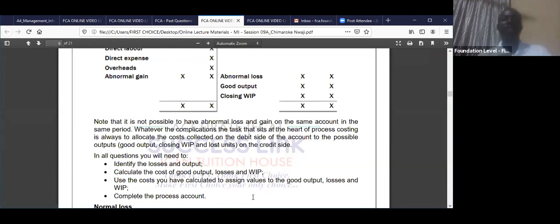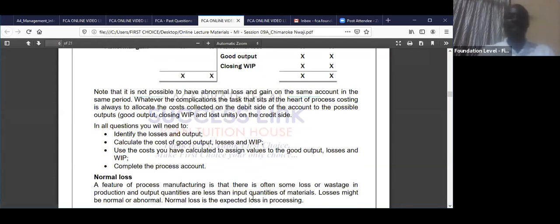So look at the questions we need to ask ourselves. In all questions that you'll be asked in exams, you will need to identify the losses and the output. Losses could be normal loss or abnormal loss, and the output. What are the units? The units of losses.